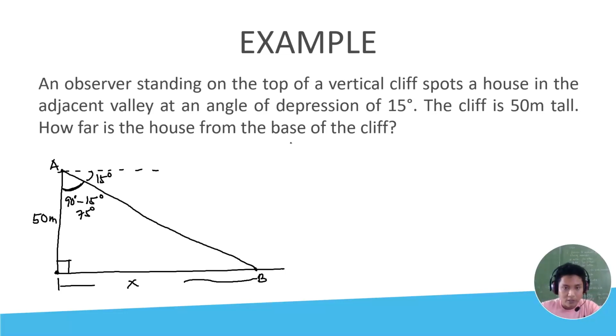Now, if we redraw the figure, we have a right triangle here with an interior angle of 75 degrees at point A and 50 meters on this side here. Let's say this is point C, the base of the cliff. What trigonometric function are we going to use so that we can compute x?